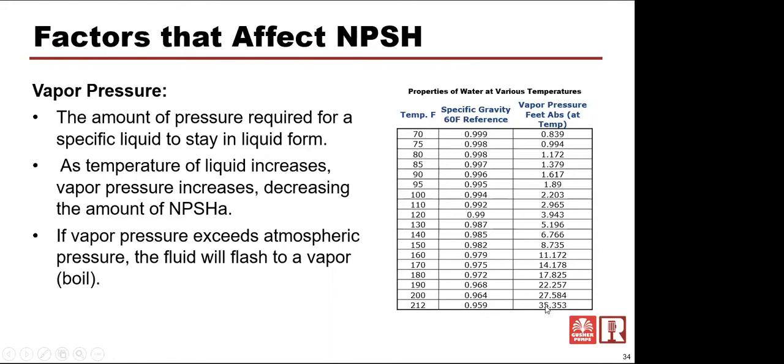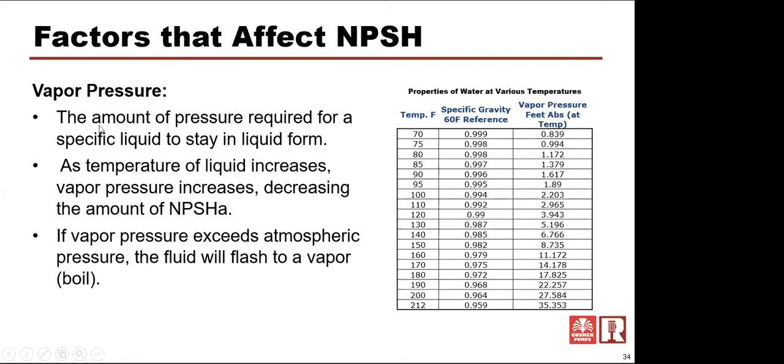We know that it is boiling because that's greater than the 33.9 feet of atmospheric pressure at sea level. So you can use this chart. If you're pumping 140 degree water, let's say you're at sea level, you would take that 33.9 minus 6.76, which is ballpark 25 feet left over for NPSH available.